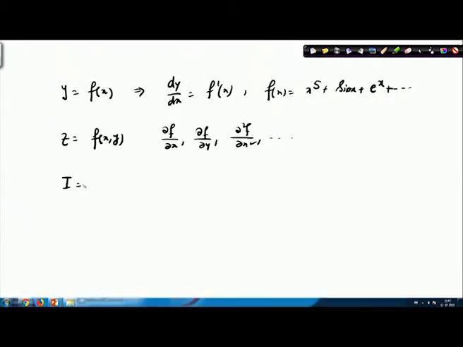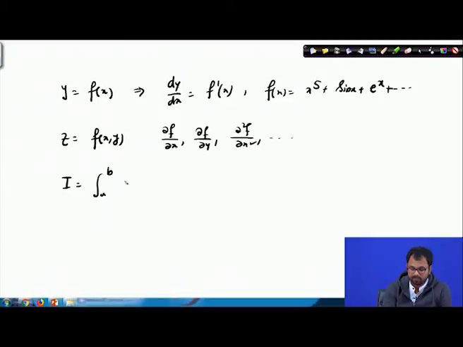So, it is not only a smooth function of one variable or two variables that you can differentiate, you can also differentiate an integral, but in order to do that it involves some special properties of that function, and we will look into those properties. So, first of all, if I write I equals integral from a to b of f of x dx.